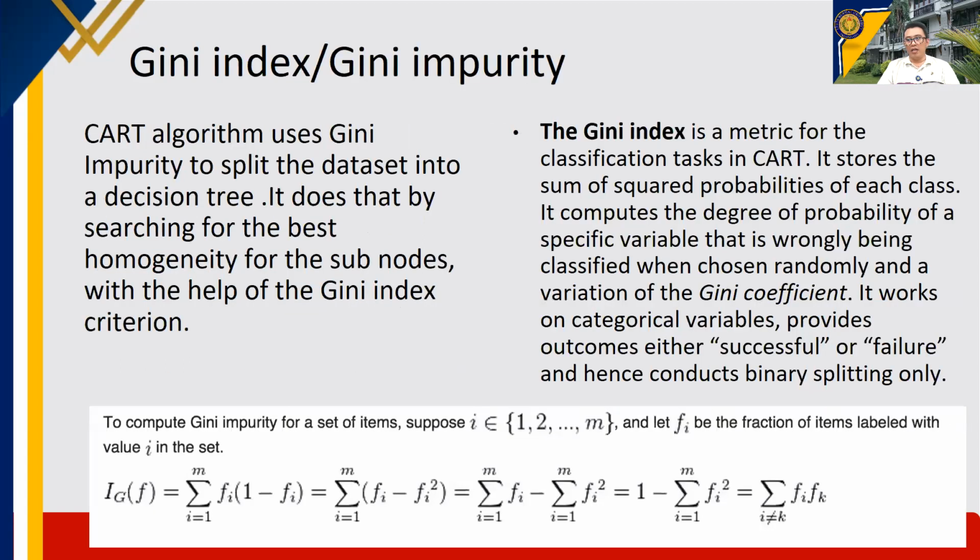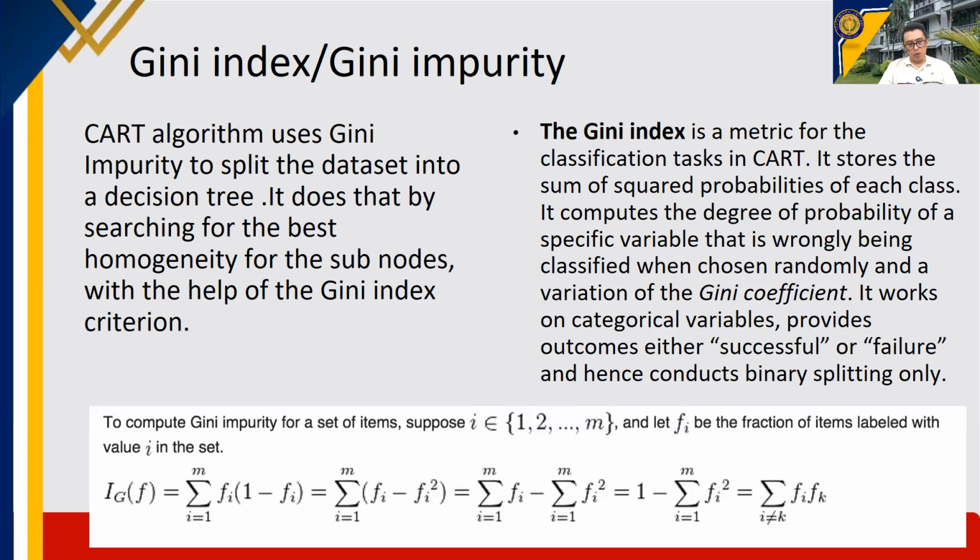So CART basically utilizes Gini impurity to split the dataset into a decision tree. It does that by searching for the best homogeneity for the subnodes with the help of the Gini index criteria. The Gini index is a metric for the classification tasks in CART. It stores the sum of squared probabilities of each class.